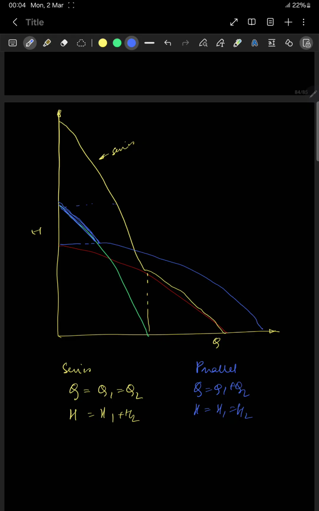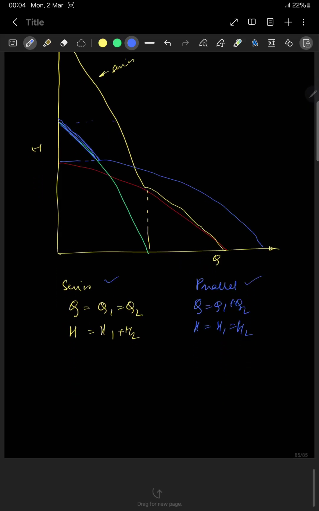This is the graph for pumps in series and parallels.